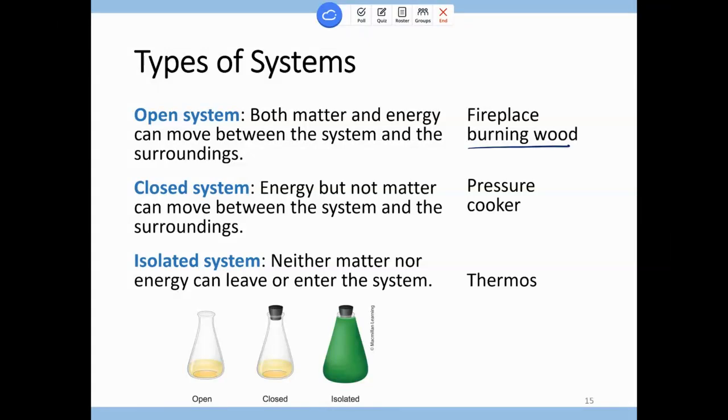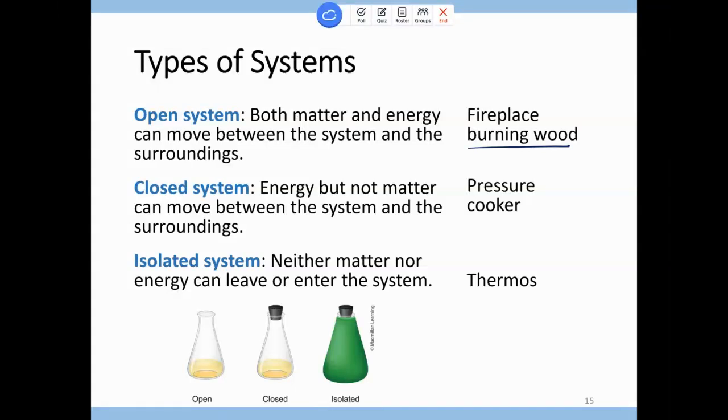That is matter lost to the surroundings. Oxygen is being gained by the system from the surroundings, and also energy, the heat that we feel, is being lost from the system to the surroundings. So matter and energy can move between the system and the surroundings.